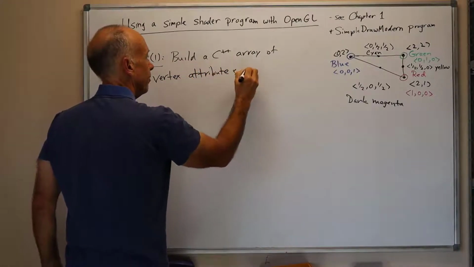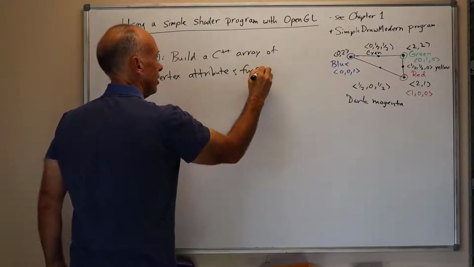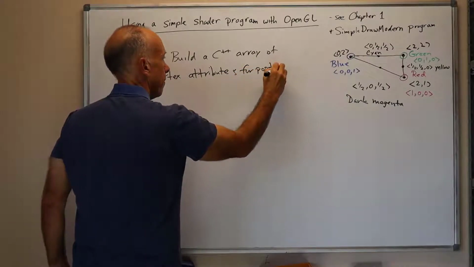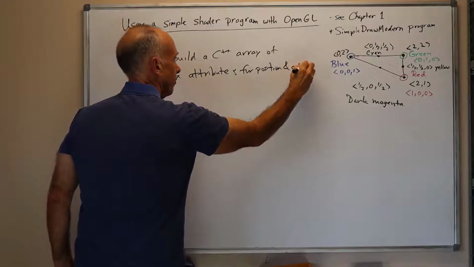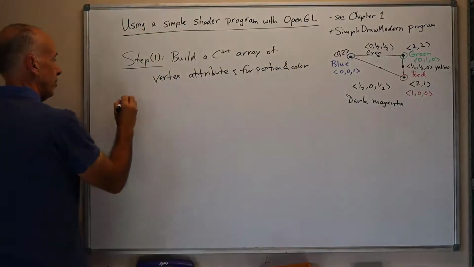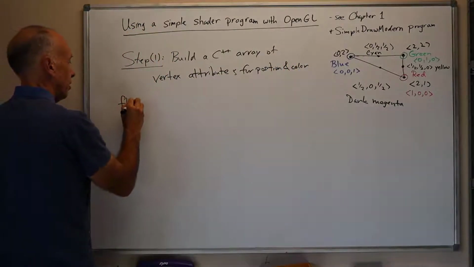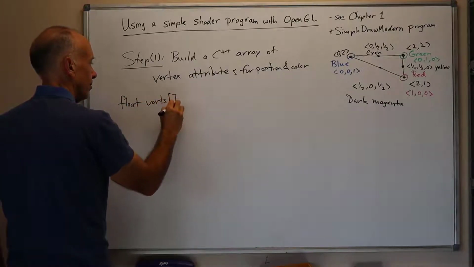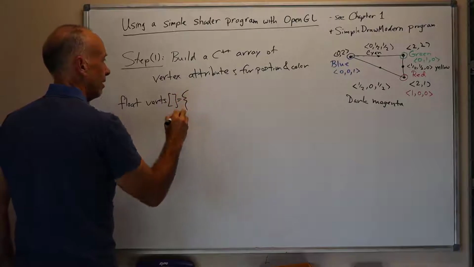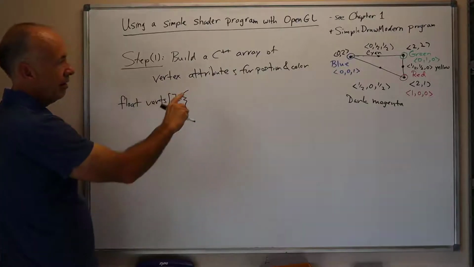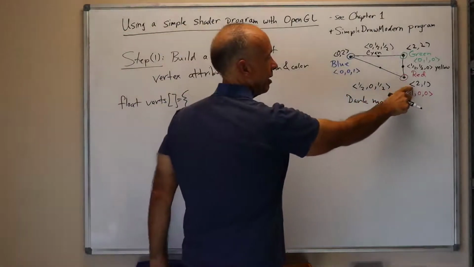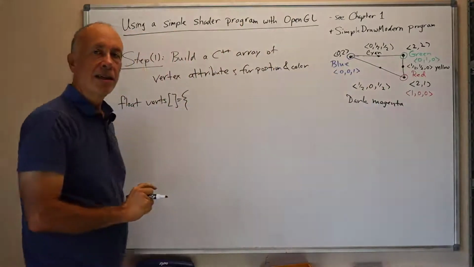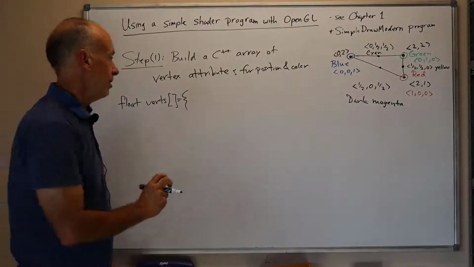The vertex attributes will be for the position and the color. The kind of command we use is something like the following: float verts, and square brackets for an array, and then we give a list of the data. Here we list the x, y positions of each vertex and the RGB color values for each vertex.